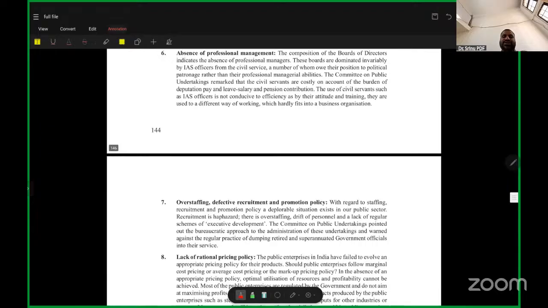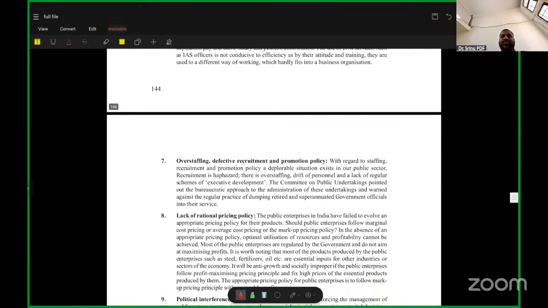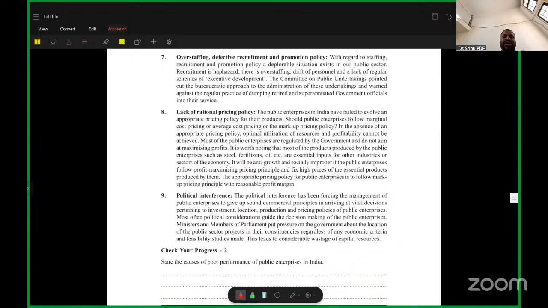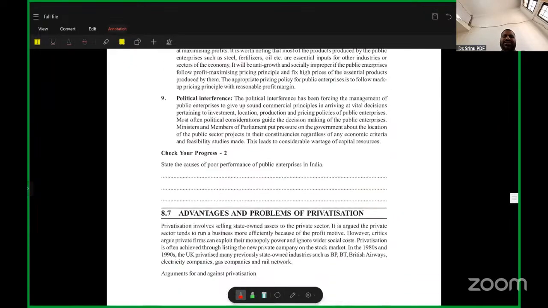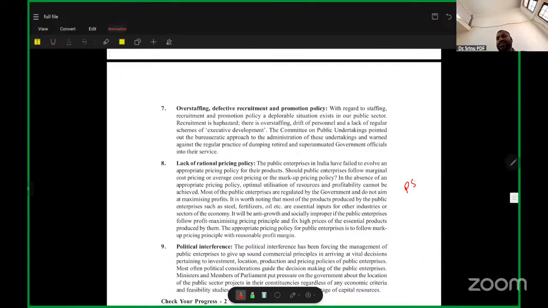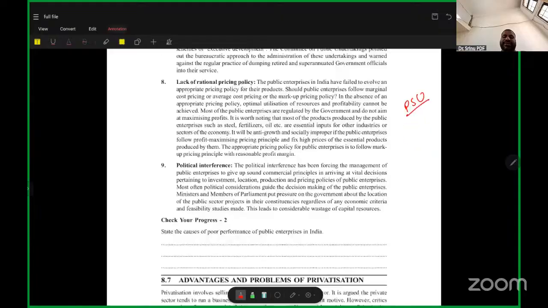Next, overstaffing, defective recruitment and promotion policies, lack of rational pricing policies, and political interference. Because of all these reasons, public sector units failed.